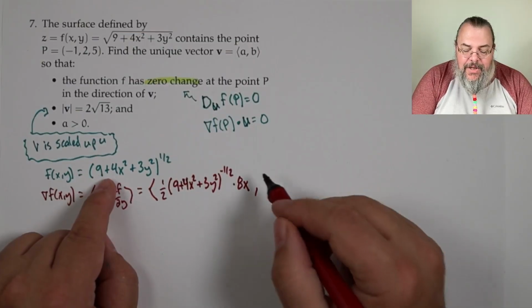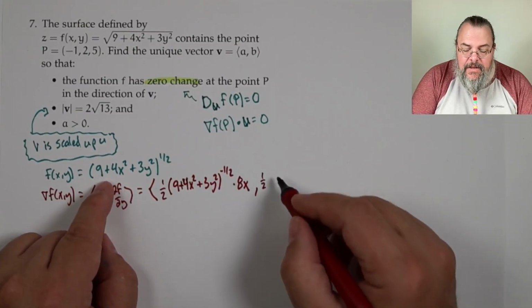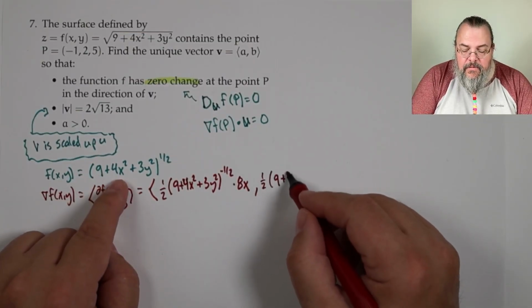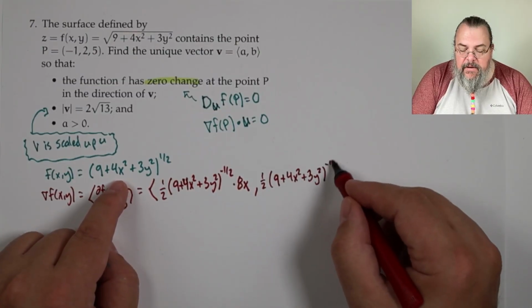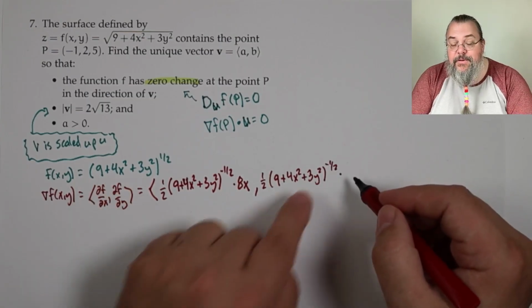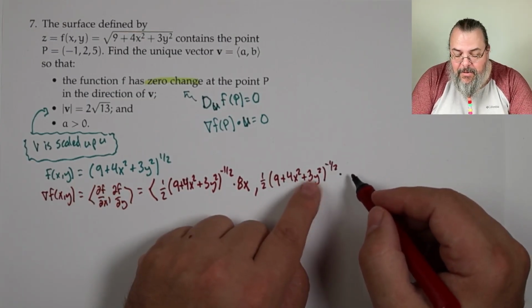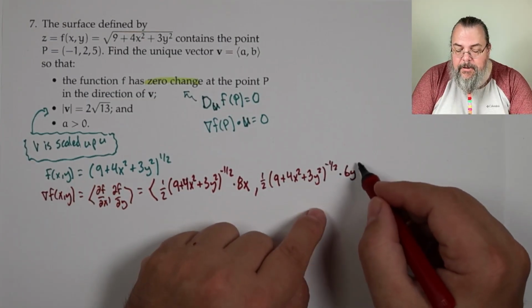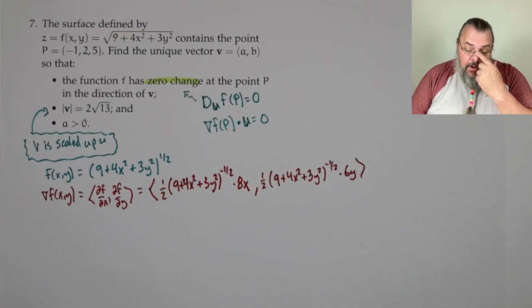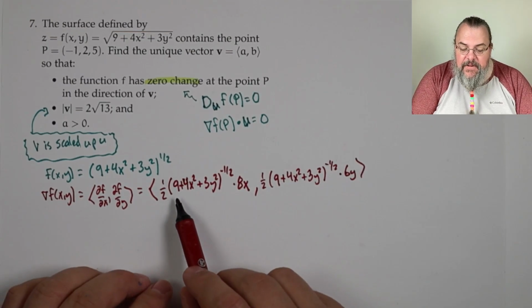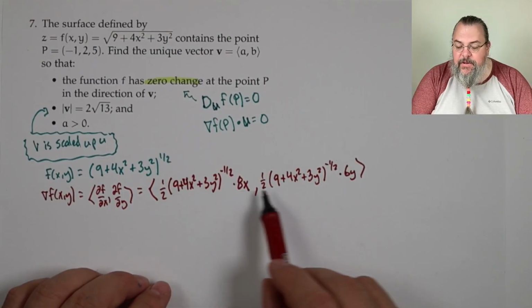Same process. All right, 1/2 times (9 plus 4x squared plus 3y squared) to the minus 1/2 times the derivative of the inside with respect to y, 6y. Now, in both cases, they both have this expression (9 plus 4x squared plus 3y squared) to the minus 1/2.